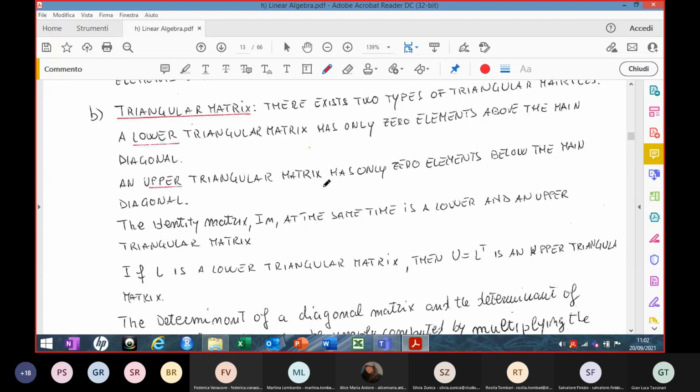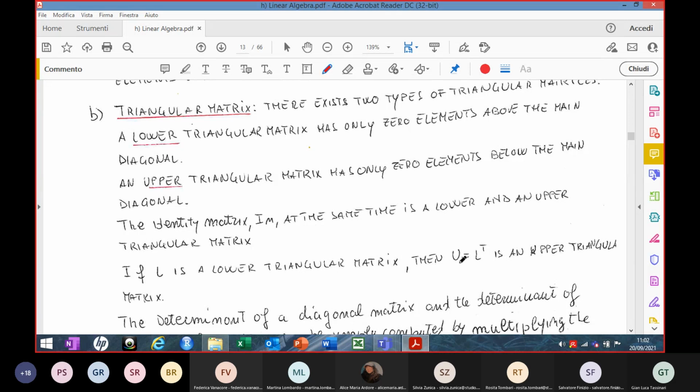I mean, you can also have other 0s above the main diagonal, but the important thing is that all the elements below the main diagonal are 0. And an important thing is that if L is a lower triangular matrix, then the transpose of L, exchanging the rows with the columns, is an upper triangular matrix.